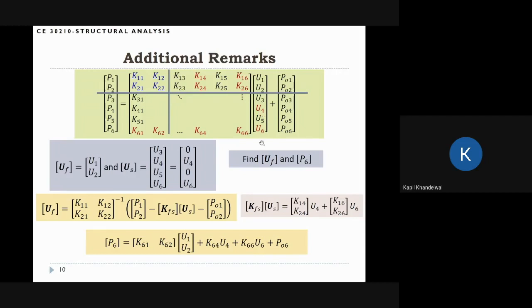So it's easy to remember which columns are needed. If we know that U4 and U6 are non-zero, it means that the fourth column and the sixth column will be needed in the solution. So these are the important things that you want to remember when you're doing the calculations by hand for the exam. So you're not doing extra calculation like multiplying by 0 and things like that.